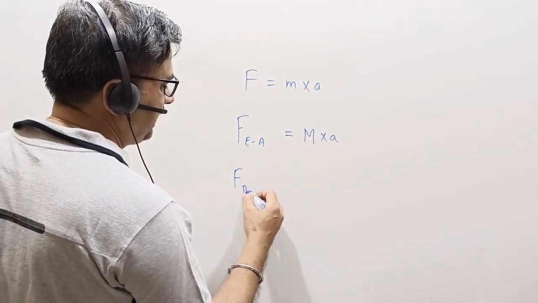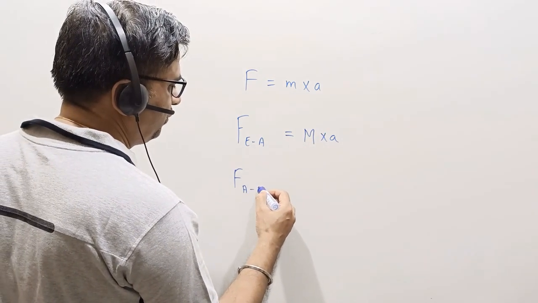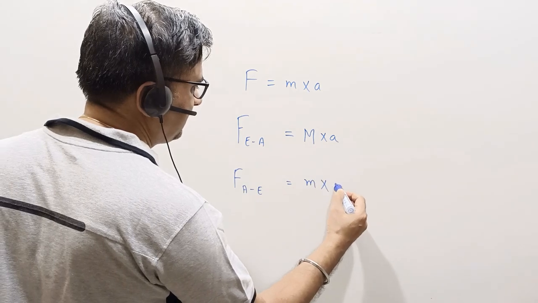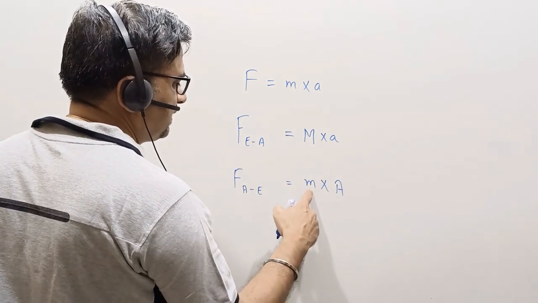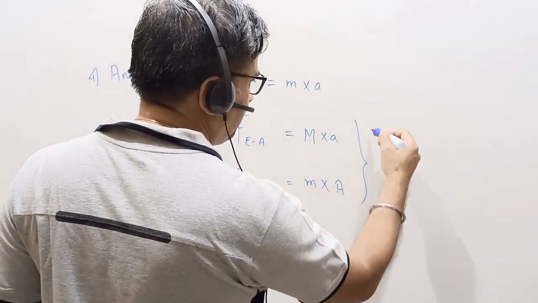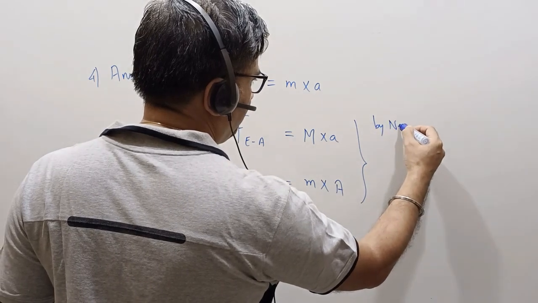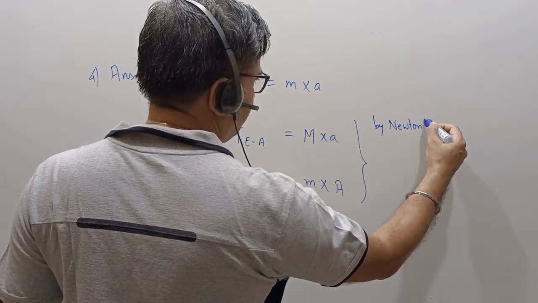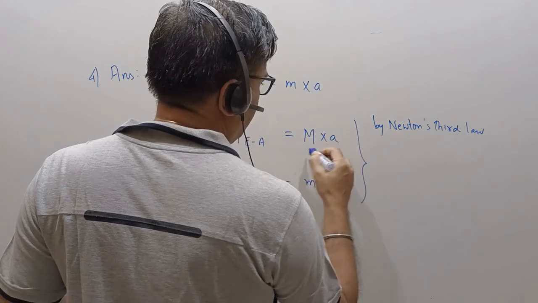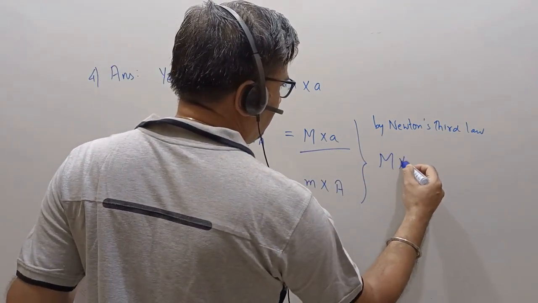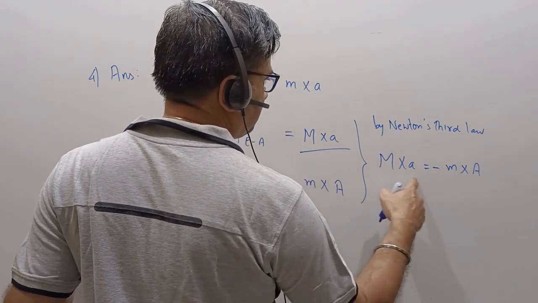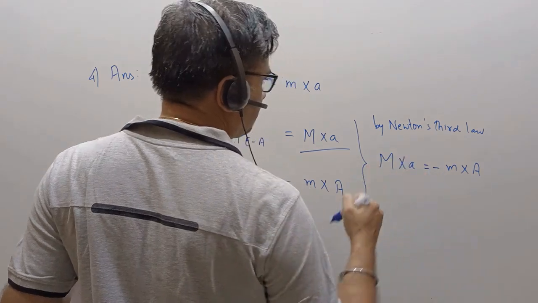And when it comes to the apple exerting a force on the earth, it's once again m into a, but in this case the mass is the mass of the apple. So these two products, by Newton's third law, mind you, M into a is equal to minus m into a. To every action there is an equal and opposite reaction.